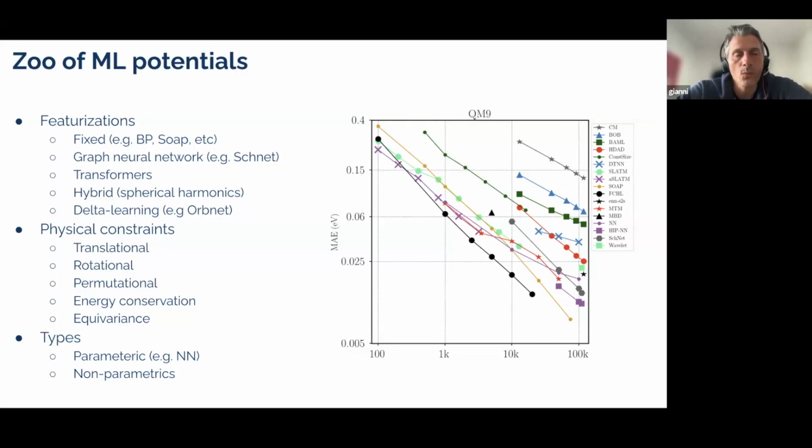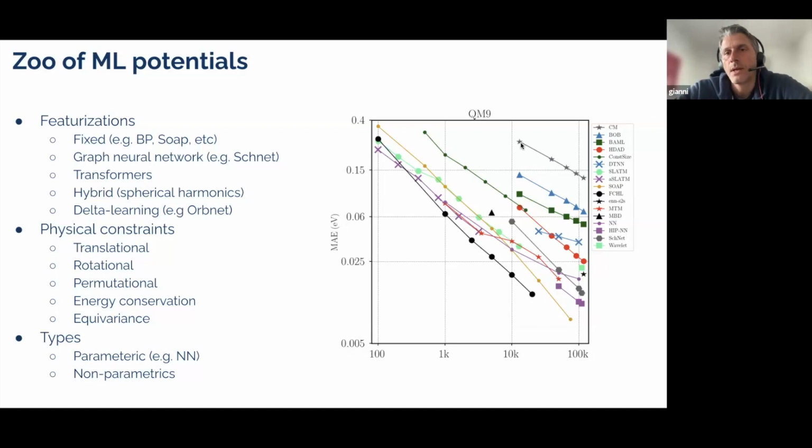And when we started working on this, we decided to make a transformer network. What you see here on the right is the proliferation of models. Each of these symbols is a model, and this one over here, the star, is the first Coulomb matrix model.